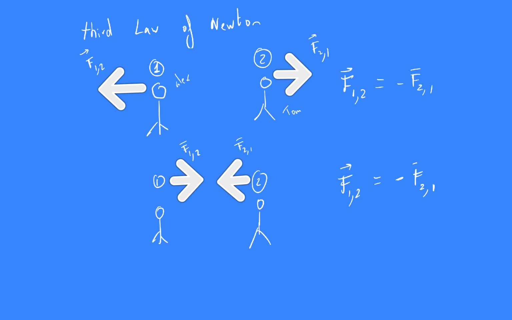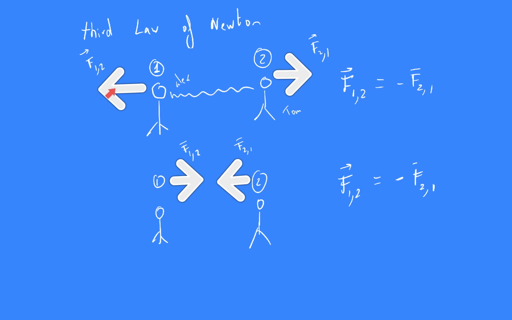The force when 1 and 2 interact, there is an interaction, maybe it's a pushing or a pulling. The force acting on 2, on the second one, on Tom, due to the first, due to Alex, this force that is acting on Tom is the same force but opposite.